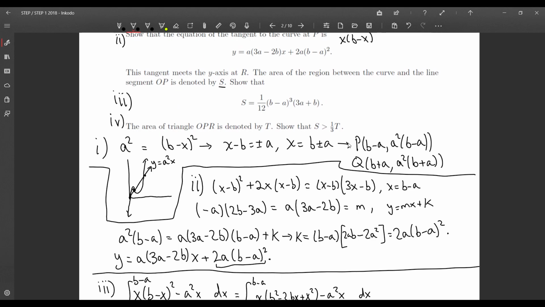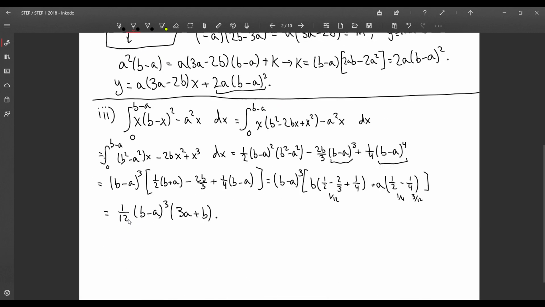And then finally, what we want is the area of the triangle. So let's say this is R, this is P, this is O, OPR, denoted by T. We want to show that S is greater than 1/3 T, right? Okay, well, we can calculate this triangle area very simply.